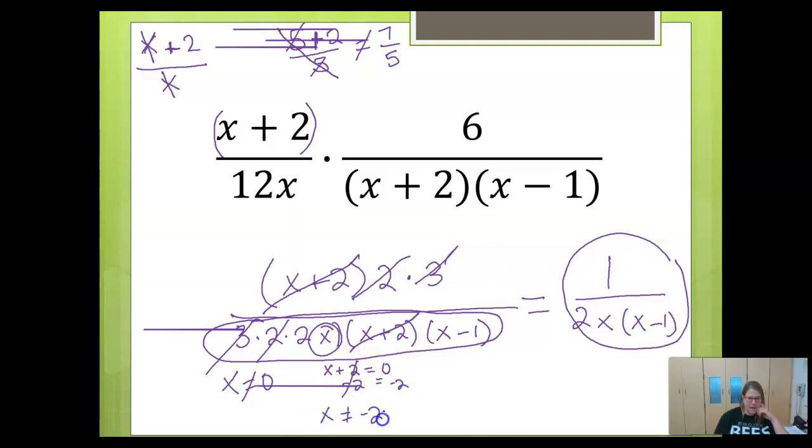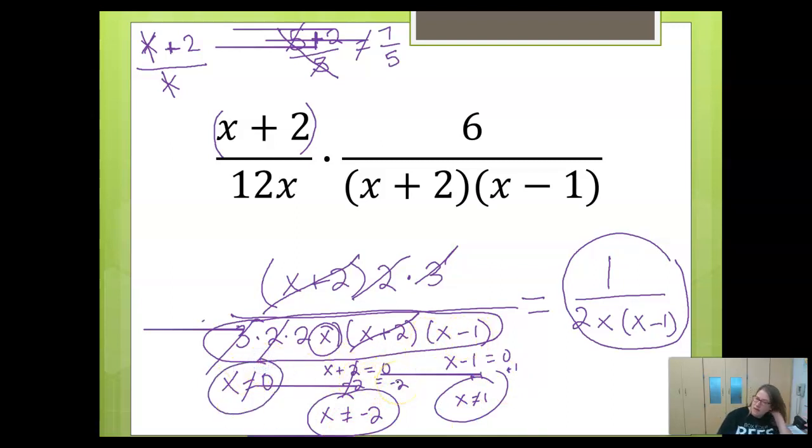Because if it were negative 2, when I plug negative 2 down here, I'm going to get negative 2 plus 2, and that's going to make this one go to 0, and then I'm going to have 0 times all these other numbers. And then for the last one, for x minus 1 equals 0, I would just add 1 to each side. So x equals 1, which makes sense, right? Because 1 minus 1 is 0. So these are the 3 values that x cannot be. So in this case, there are 3 different ones it can't be.